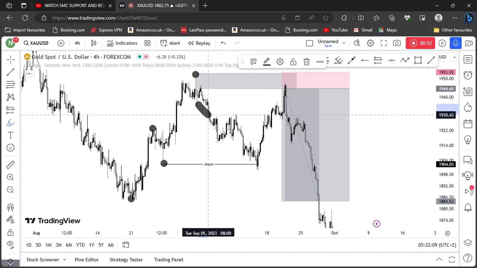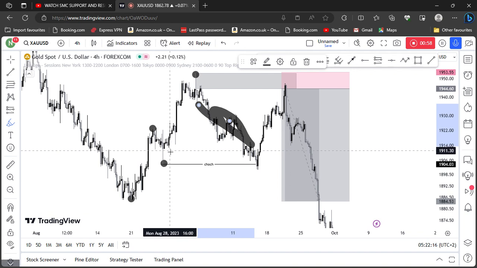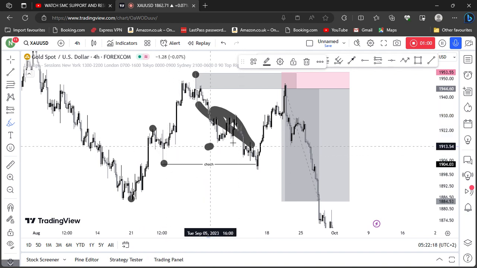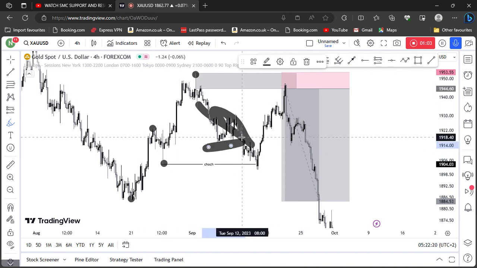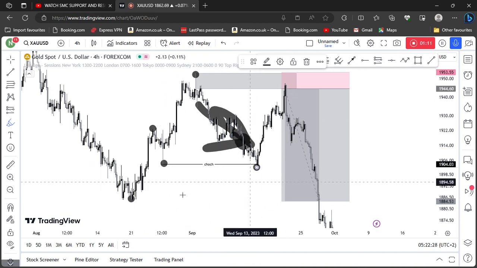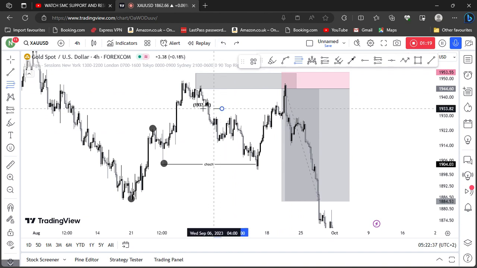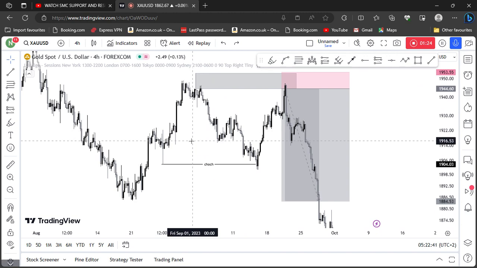The price came down in a retracement, but instead of retracing somewhere here to continue going up and give us a higher low, it actually broke down this previous low right here, indicating that we are now changing the direction of the market. So that's how I see that my price gave me a change of character.